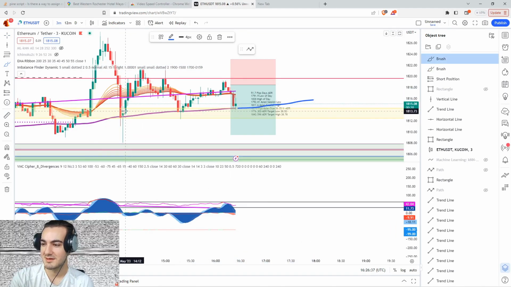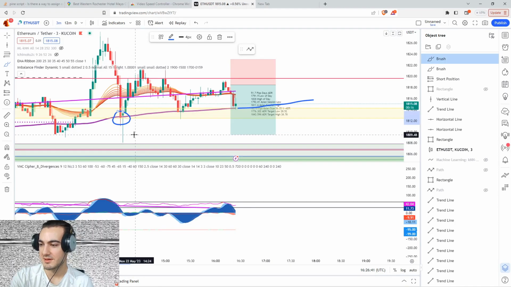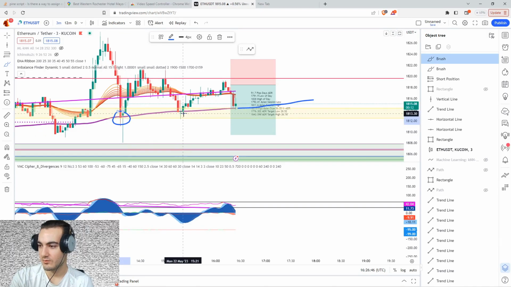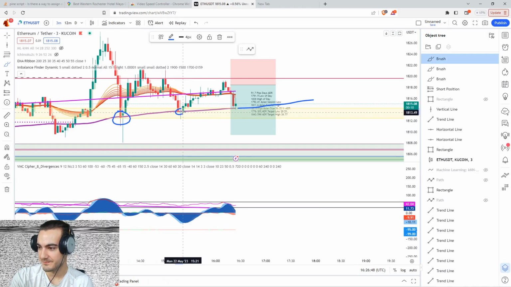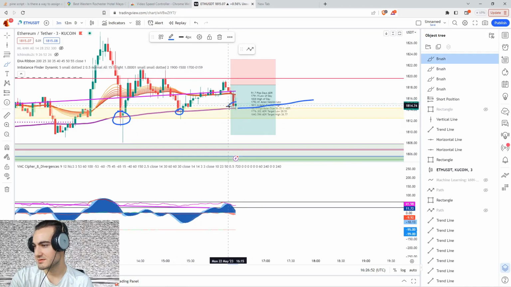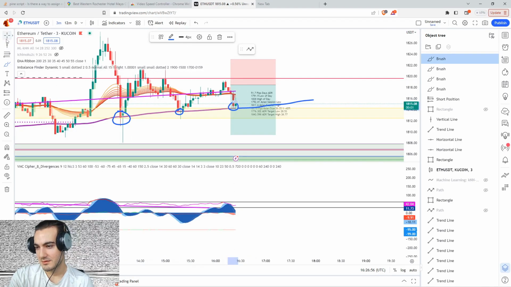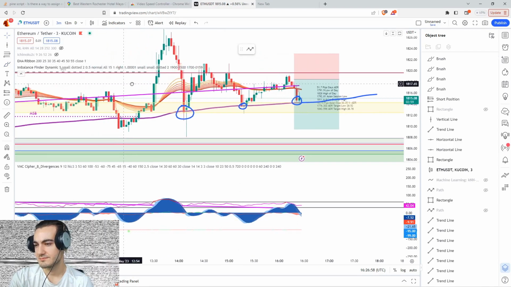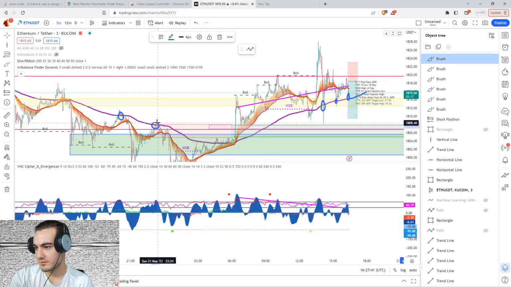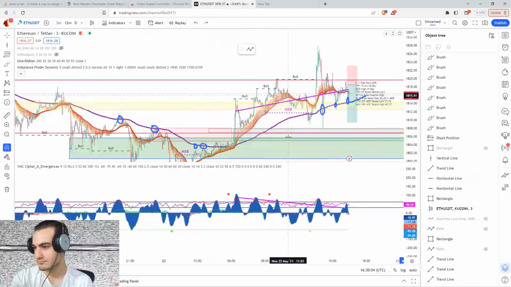But we can see price bouncing off the 200 EMA, even though it does penetrate it with the wicks, it just doesn't close above it. We might be doing the same thing here. Of course, it won't hold forever. It does seem to be quite a reliable indication.